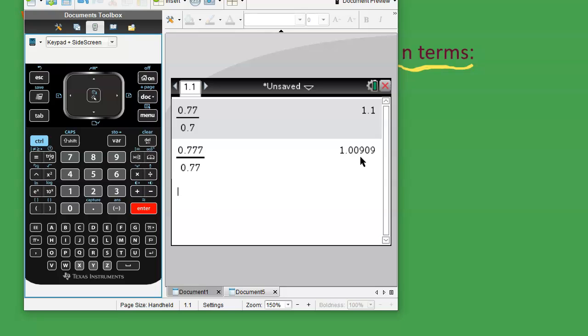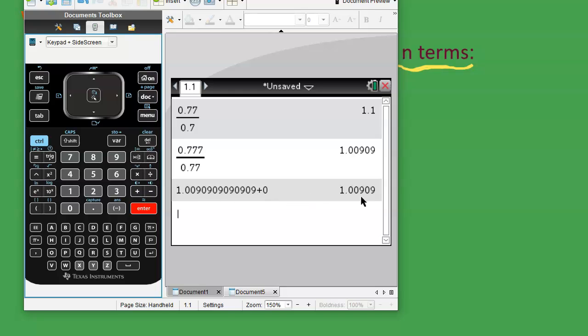Even if we round it up, we will not be getting 1.1 as the answer. It is 1.00909, but it is not stopping at this 9. Let me show you. It is continuing 1.009, then 09, then 0909.